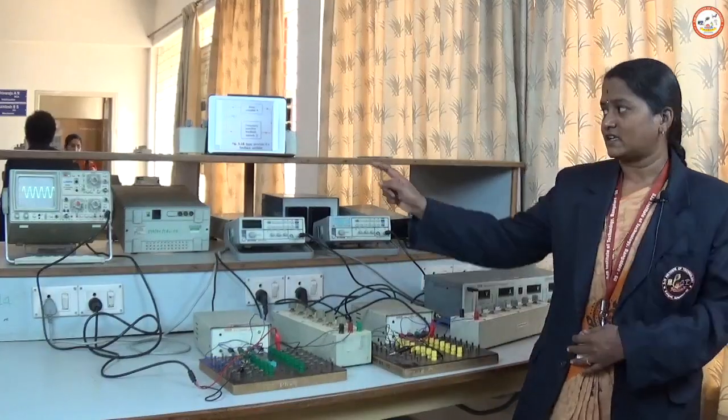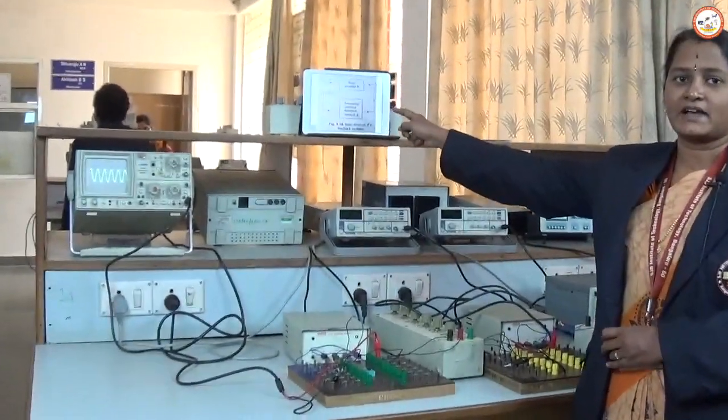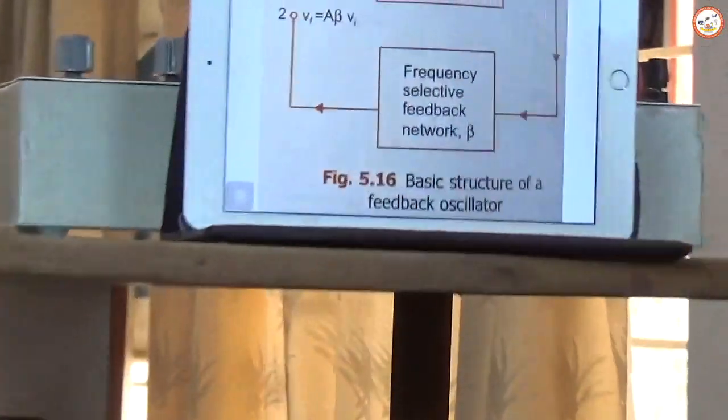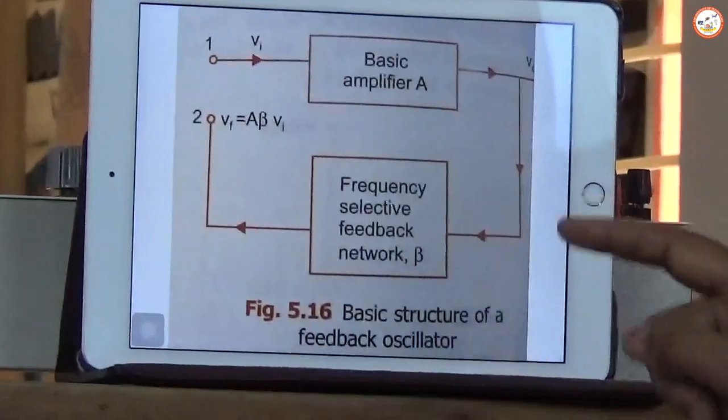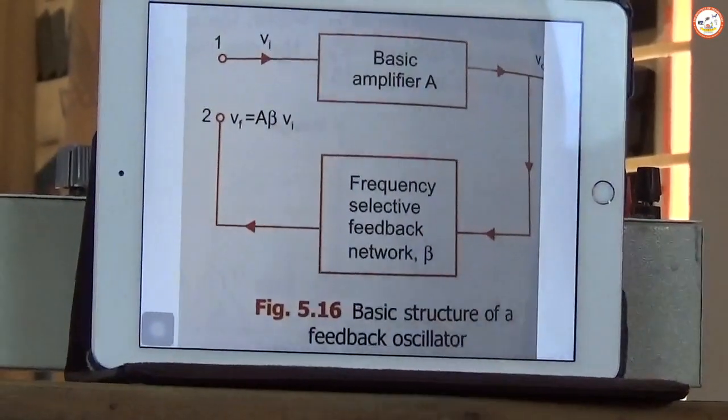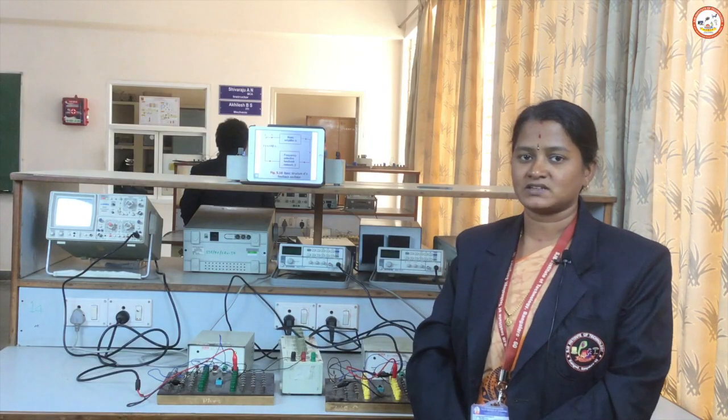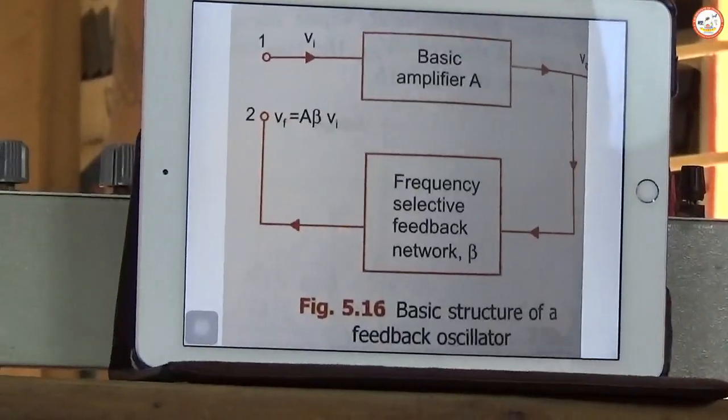You can look at the circuit diagram of a feedback structure consisting of a basic amplifier and a feedback selective network. The feedback network is the one which produces the actual oscillations that will be sustained in association with the basic amplifier. Another condition for the Barkhausen criteria is that the overall loop phase shift must be equal to 0 degrees or 360 degrees.